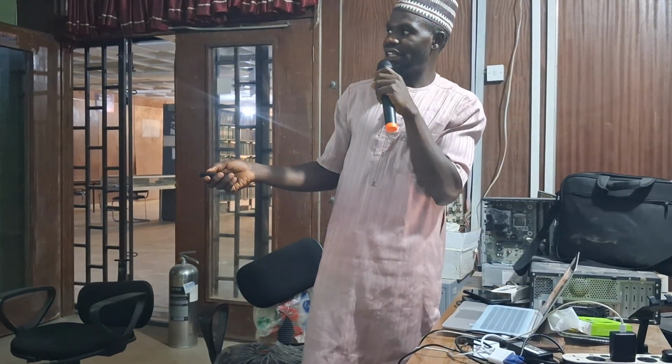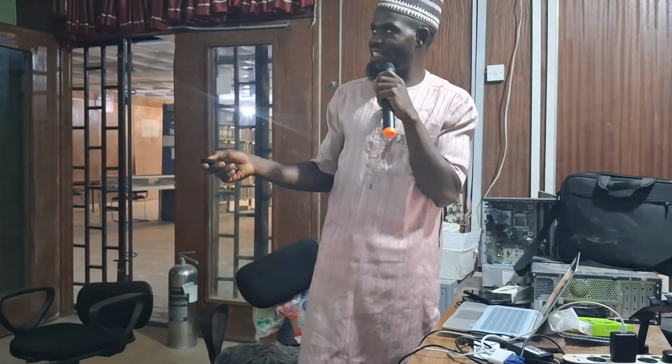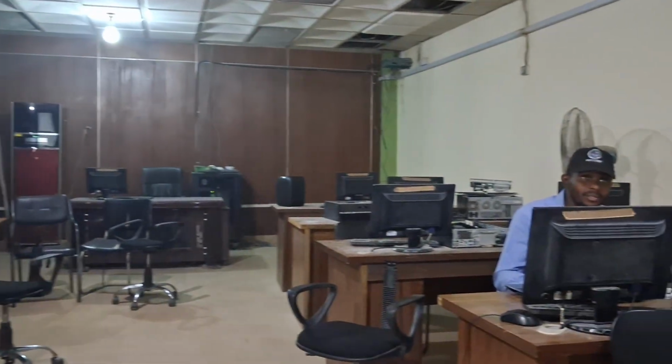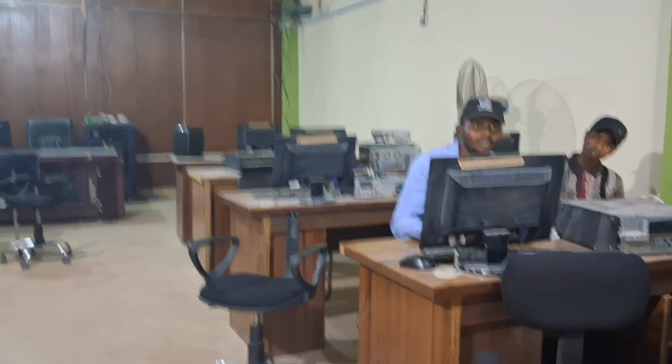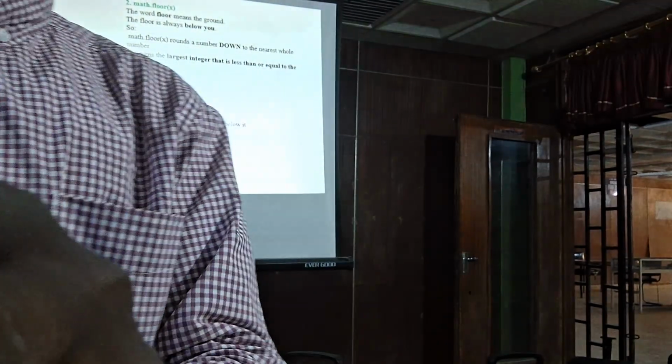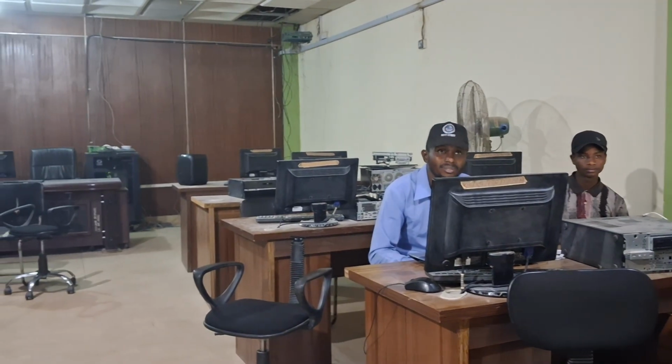Then example two, 13.99. What will be the floor? If we run it using floor, what will be the answer? The floor of 13.99 is 13, since we said it rounds to the lowest whole number, and 13 is the lowest one.